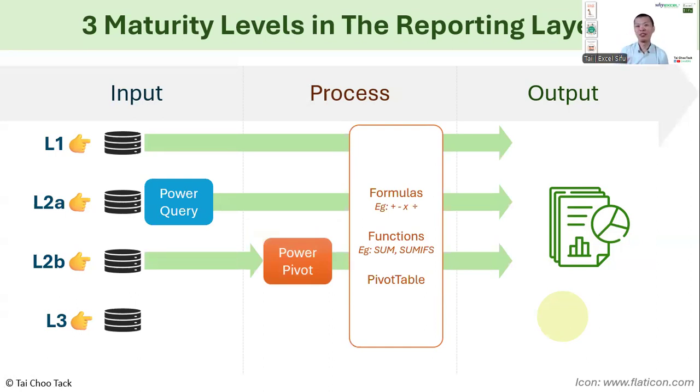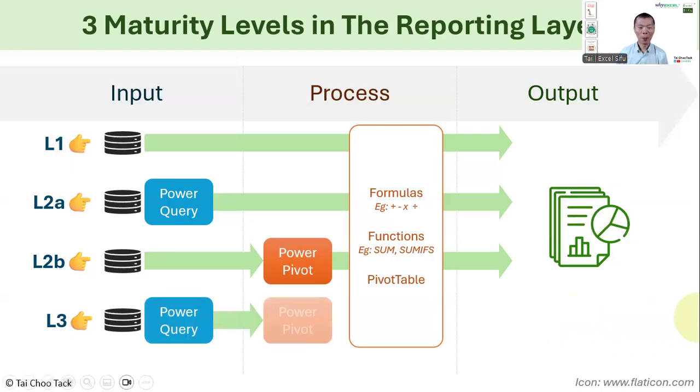And something they have missed is to combine Power Query and Power Pivot together. They have Power Query to bring the data together, and then they use Power Pivot to link the data together, and then only produce a report. So this is something for you to consider. Okay, so this is something I want to add on.